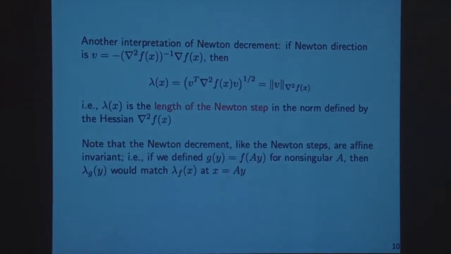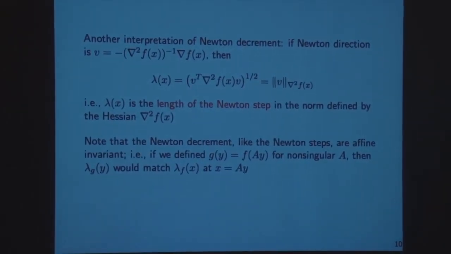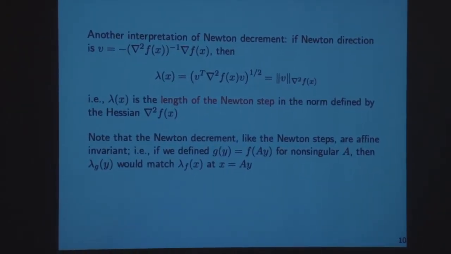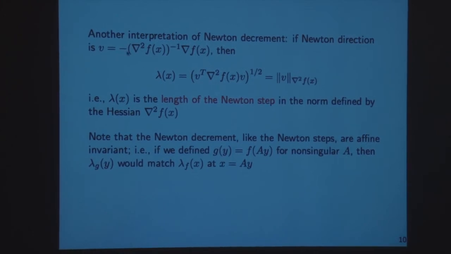Another interpretation of the Newton decrement is that we're looking at the Newton step, which we've written as minus Hessian inverse times the gradient, and we're actually looking at the length of this Newton step, but in a different norm than the L2 norm.